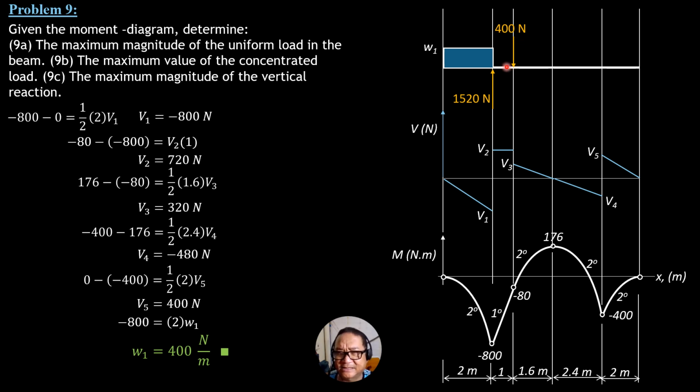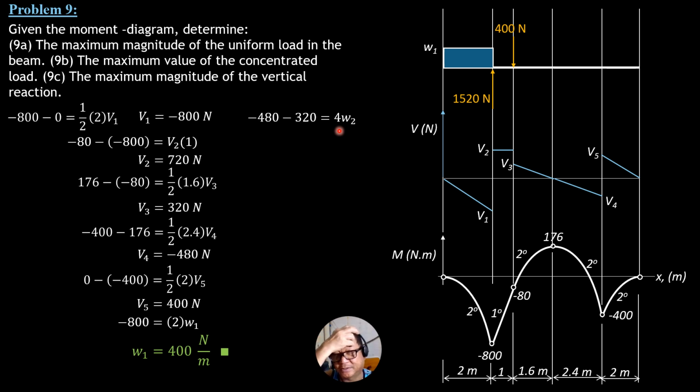Then, as mentioned earlier, we have here a uniform load, and for that uniform load, negative 480 minus 320 equals 4 times W2.